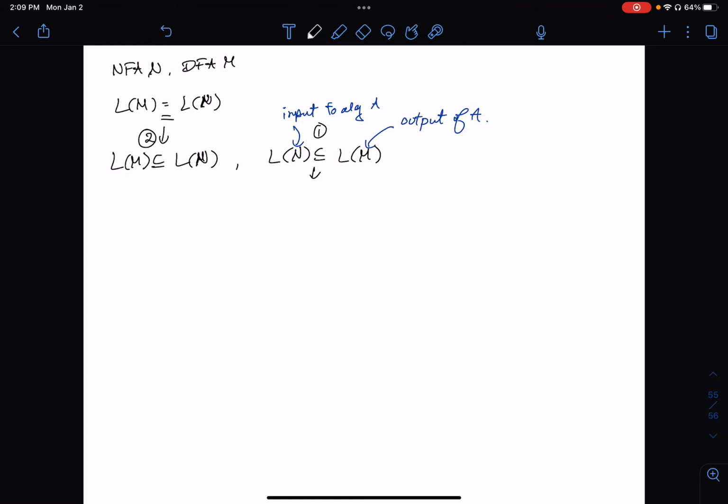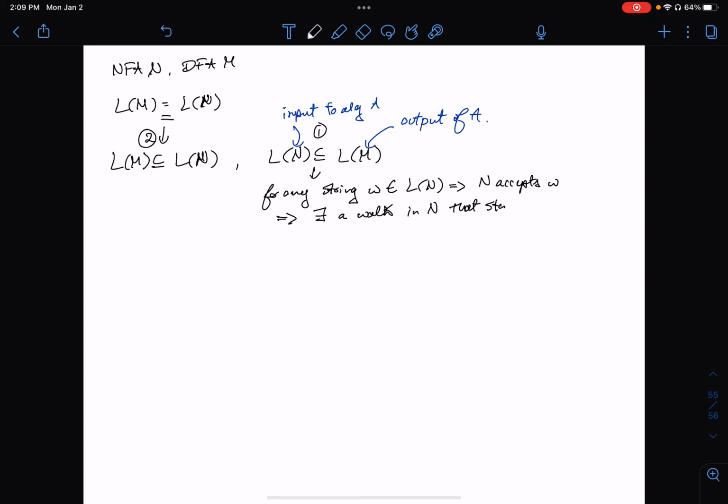And so what you want to do in this part of the proof is you want to say for any string W in L of N, right? A string being in L of N implies that N accepts W, which implies that there exists a walk in N that starts at Q0 and ends in a final state.